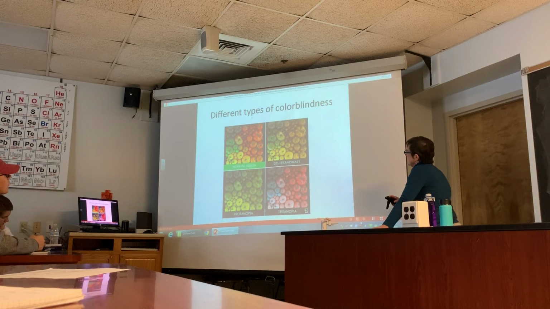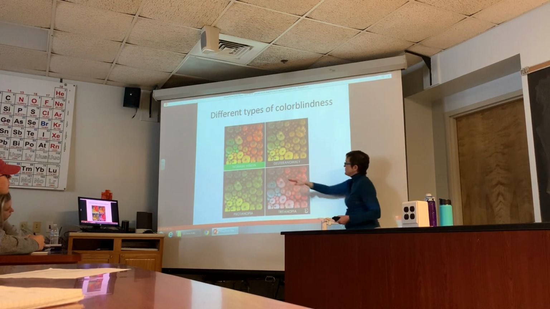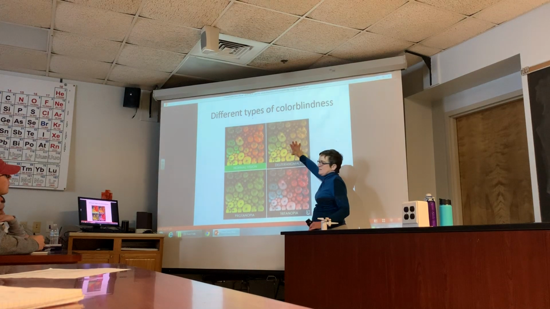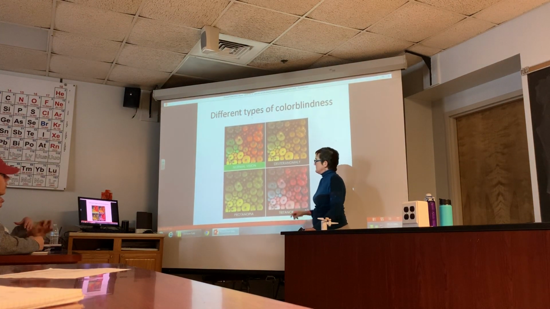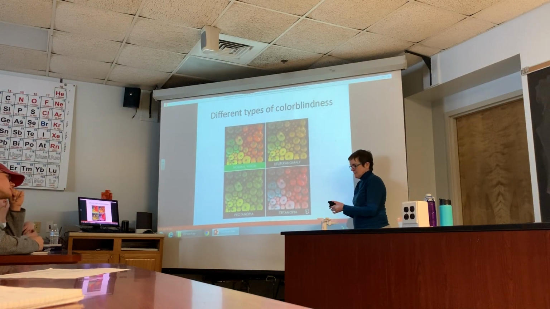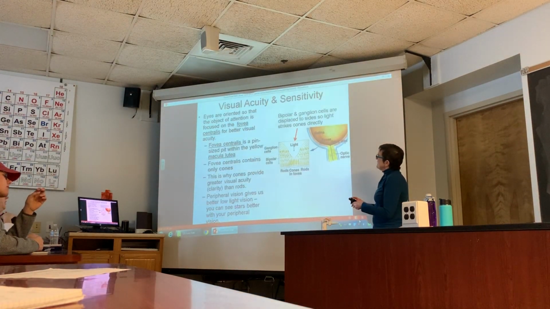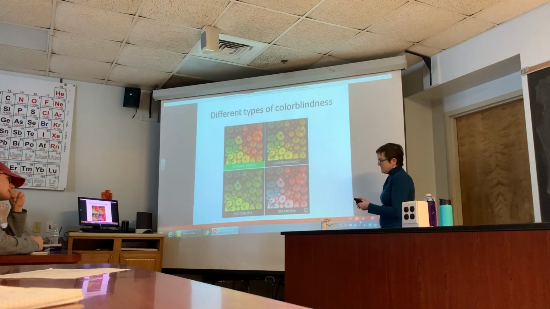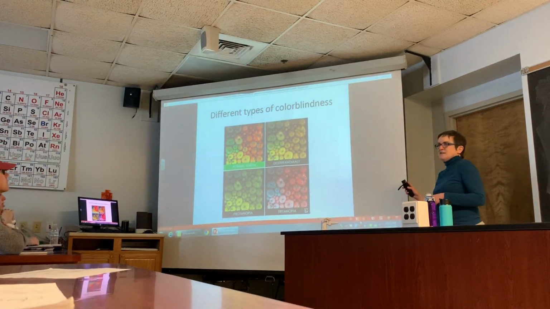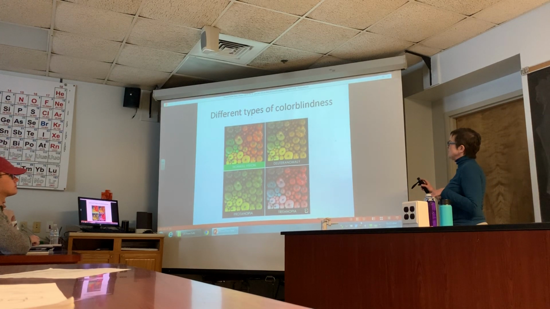Here are some examples of what fruits and vegetables, or some tomatoes, would look like with these different conditions. This is normal vision, this is red-green color blindness, and here are a couple of other more rare types. They're very unusual looking. But red-green, like I said, is the most common. I'd have to look at the others to see if they're all X-linked. Some of them may not be.